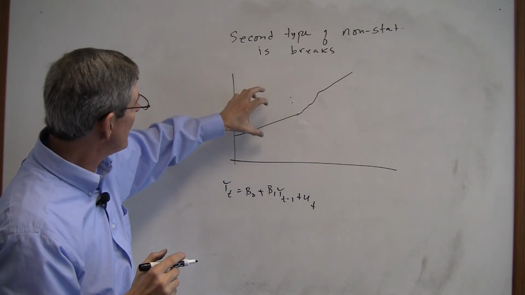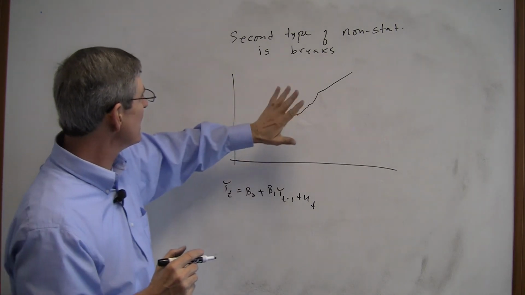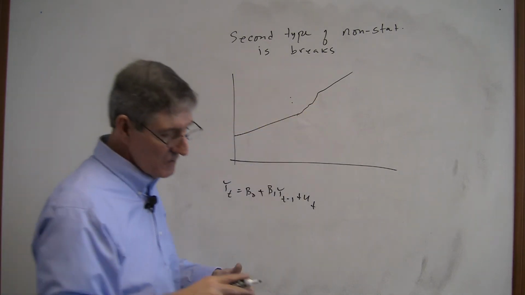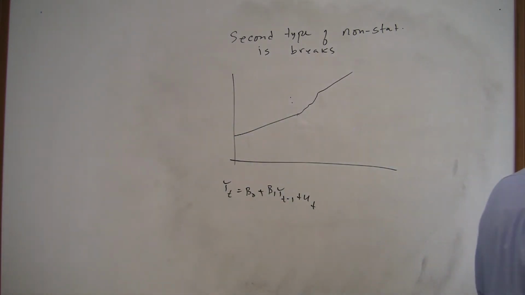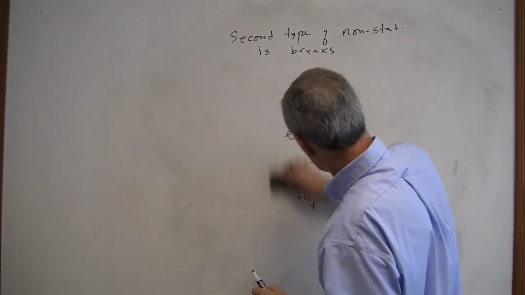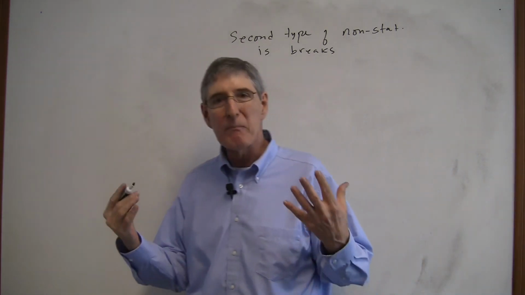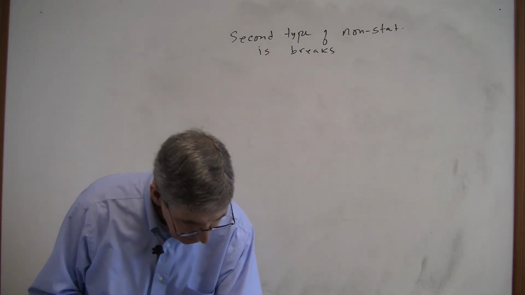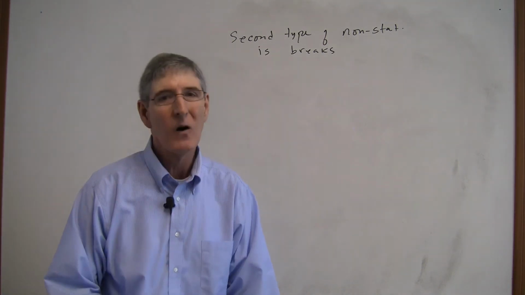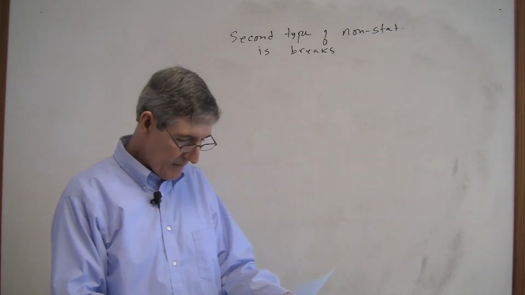That second type of break is much harder to deal with econometrically, and we're not going to do that. You would do that in more advanced courses with varying coefficient models. But we're going to look at that first type of break, where at some point in time there's some abrupt break, either in the slope or the intercept, or more generally in either beta 0 or beta 1 through beta p.